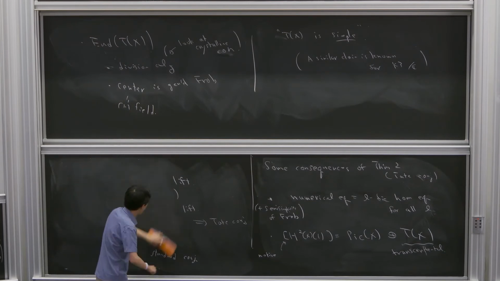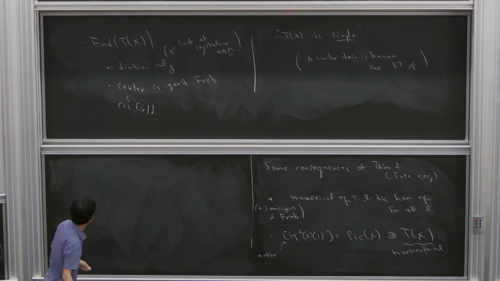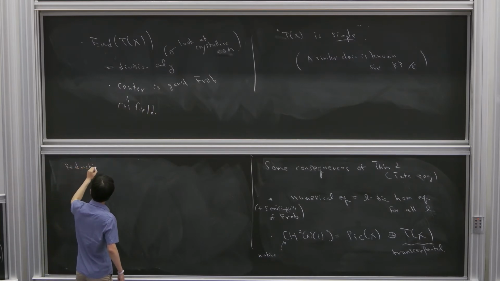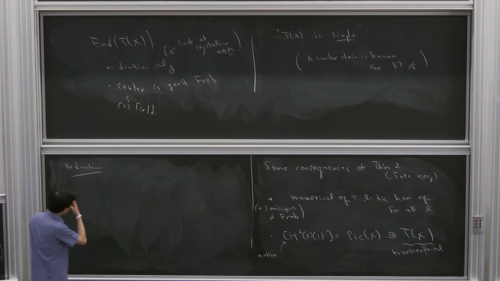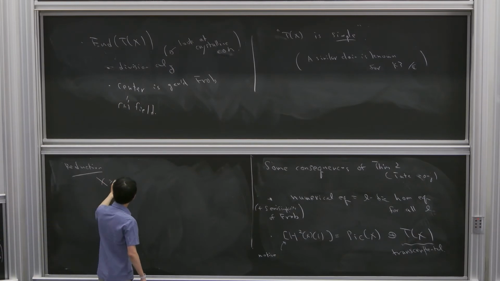So now I make some key deduction. I'm talking about the proof of theorem 1, the Hodge standard conjecture. Our variety is just this product.